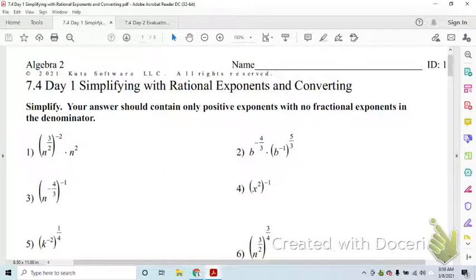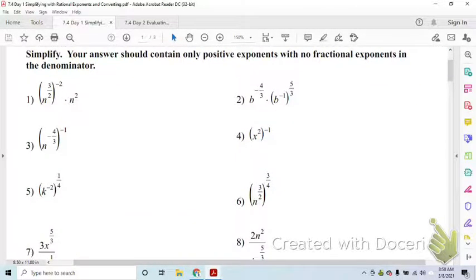All right, now back to the top of this one. Wowzers, we have to do a lot of stuff and remember a lot of rules, okay? So I'm going to try and go slowly so we remember the rules. Now, this first step right here, dealing with this and this, if it's a power of a power, we multiply. And n to the 3 halves, so if I take 3 halves and multiply by -2, that's like -2 over 1.